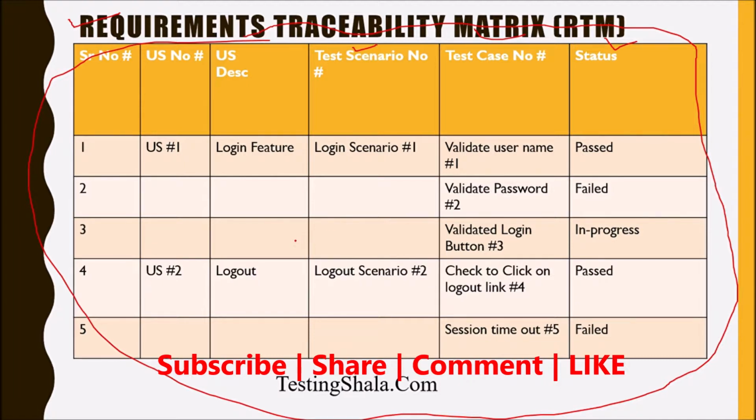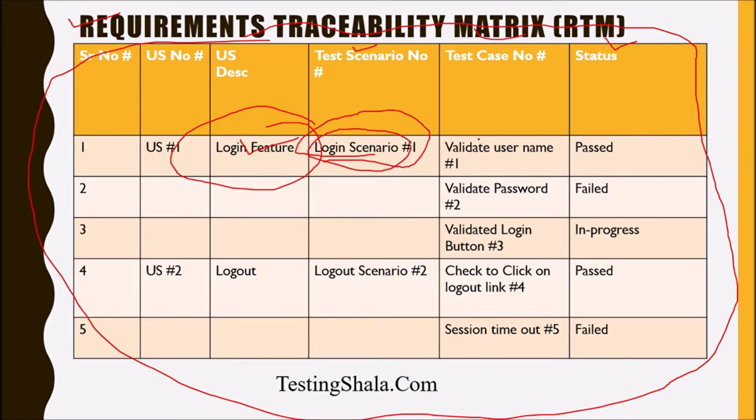So if you're seeing here, there is a first user story which is a login feature. For the login feature, we may have one or two scenarios. The test scenario we will be writing is testing login scenario 1. Then this login scenario can be further broken down into a detailed number of test cases.